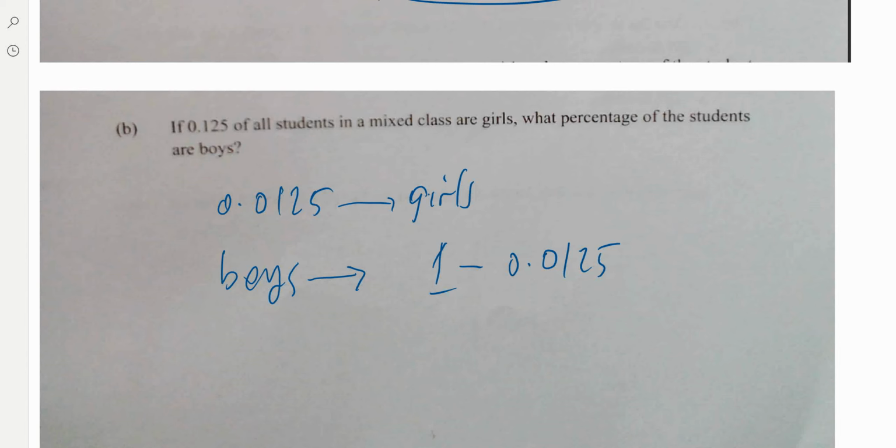When you take 1 minus 0.0125, you get 0.9875.